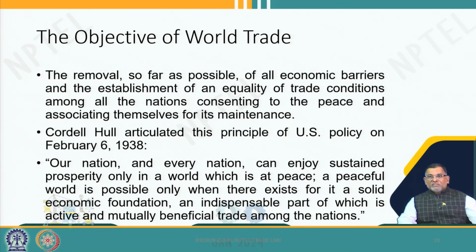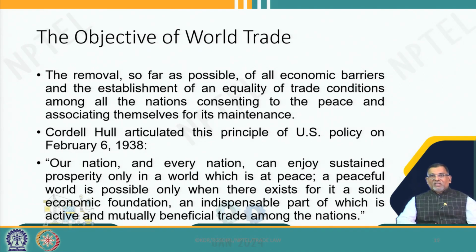The proposal was to make international trade very smooth, and also to remove all possible trade barriers to international trade, which would ultimately contribute to international peace and security, and also cooperation between states.